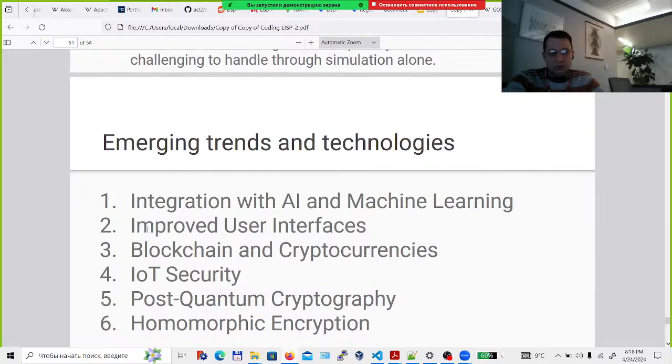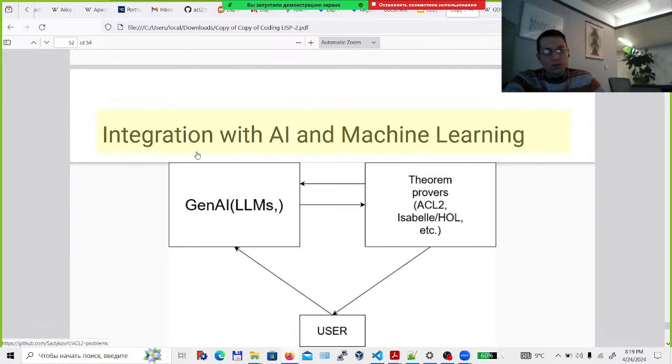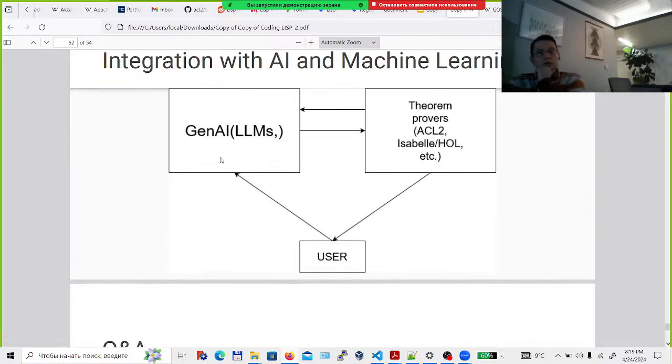Now we have some trends and technology that allow you to use this kind of theorem proving technology at the next level, for example, integration with AI and machine learning. I would like to do research in this particular area. As you can see, I'm thinking about this task. For example, if you are a user, you would like to automate all of the things inside the theorem prover. For example, do some Verilog tests, do some invariant generation, do some theorem proving, etc. You don't want to do it by hand.